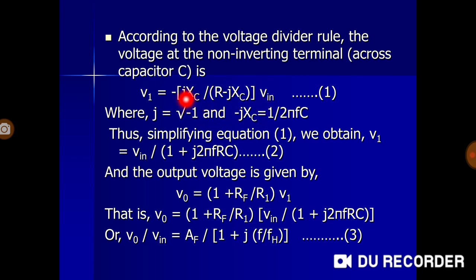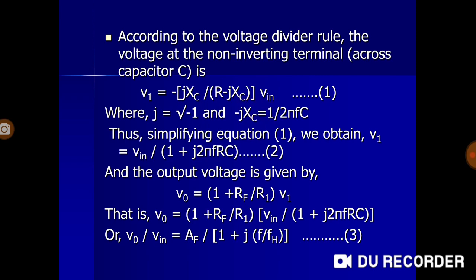This is the reactance of the capacitor divided by the effective impedance, the resistance in series with the capacitor. So the voltage across the capacitor is to be found out. The ratio, by the voltage divider rule, is minus jXC divided by the effective impedance R minus jXC, times Vin. So this is the voltage divider rule.